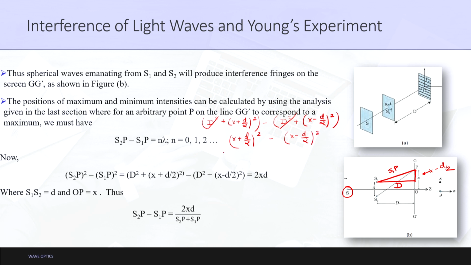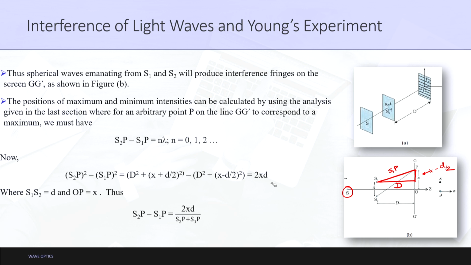Now opening the brackets, we get x square plus d square by 4 plus 2xd by 2, minus x square plus d square by 4 minus 2xd by 2. That leaves x square cancelled, d square by 4 cancelled, and only xd plus xd, which gives 2xd. Hence you see why it is equal to 2xd. Quite evident, a direct simple use of a plus b whole square. So finally what we get is S2P square minus S1P square is nothing but 2xd.